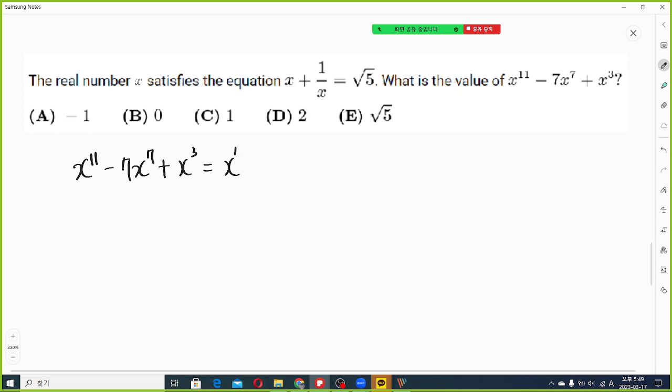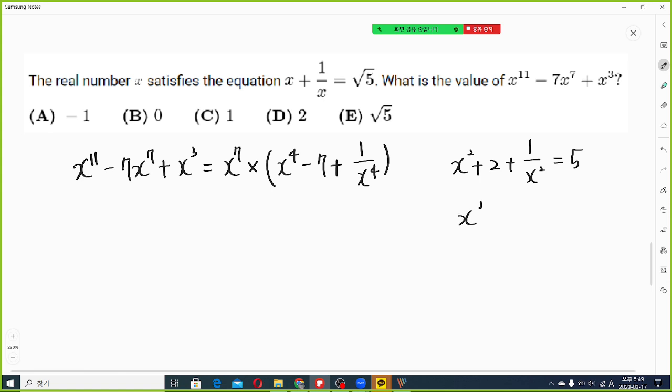We can take x to the 7th power out, and if we square the first equation, the sum of the squares is 3, and we can make another square with this equation.